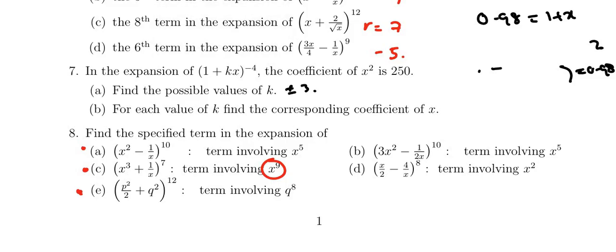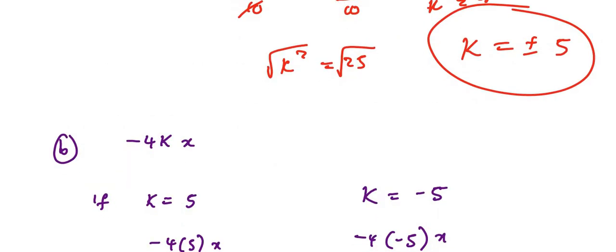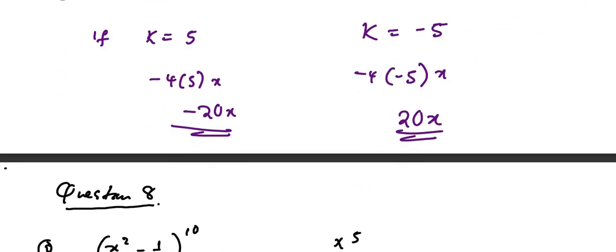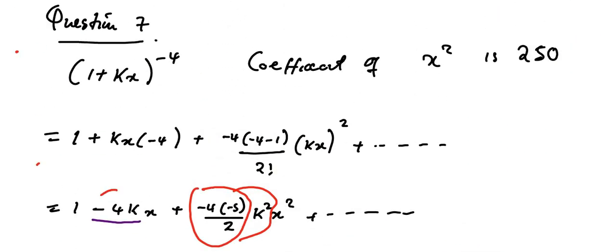Then the next question, they're saying for each of the values of k, find the corresponding coefficient of x. So we have the first case. The first case is simply when k is positive. The coefficient of x in the expansion is not even that hard. It's simply here. What's in front of x, right? This part.